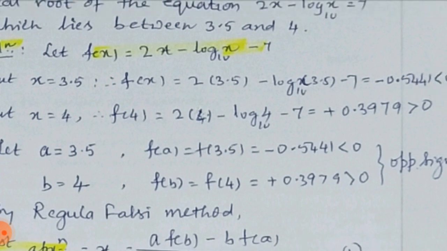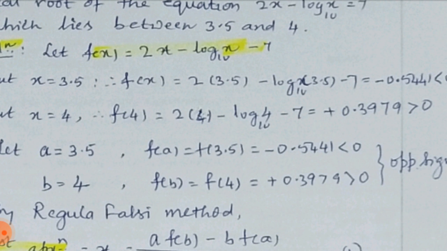Let a is equal to 3.5, the lower limit, and b is equal to 4, the upper limit of the interval, and f of a is negative, f of b is positive. So these two have opposite signs, that is f of 3.5 is negative, f of 4 is positive.